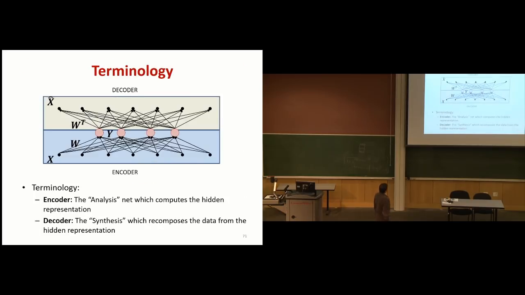This is with linear activations. So terminology, again, I'm thinking of this in terms of two sets of two components. The first is the encoder, which works on the inputs and gets some latent representation, and the decoder, which reconstructs something from this latent representation.